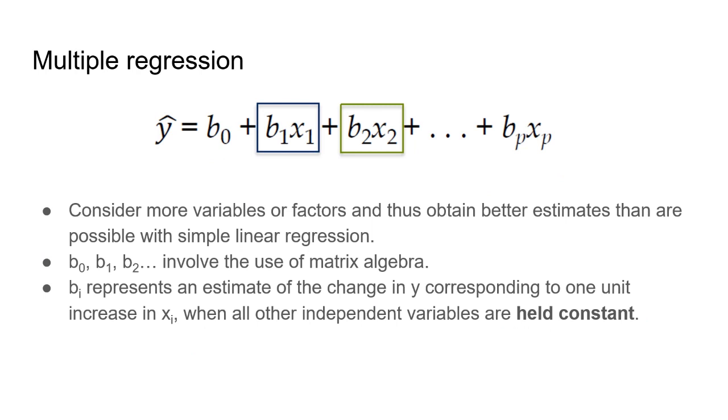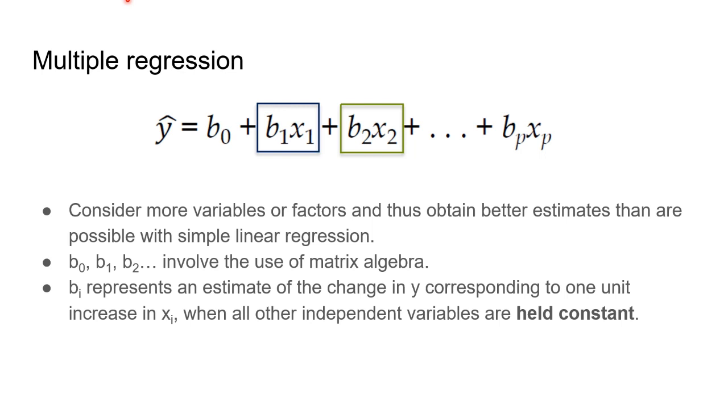Okay, finally, let's briefly look at multiple regression, which considers more variables or factors and thus obtains better estimates than is possible with simple linear regression. We can add variables to have better predicted values. It looks a little bit different, but we are just adding independent variables and so the model is expanding.